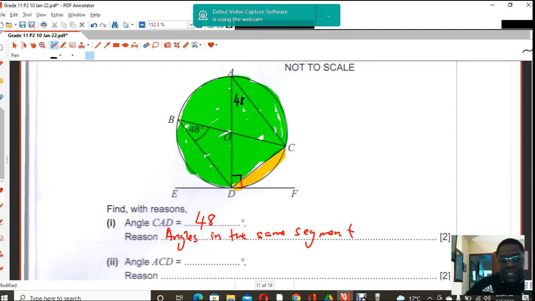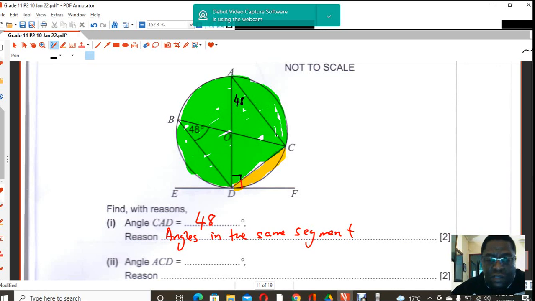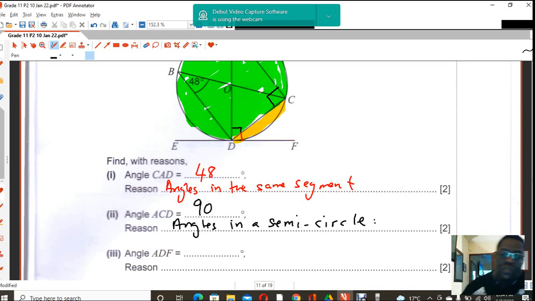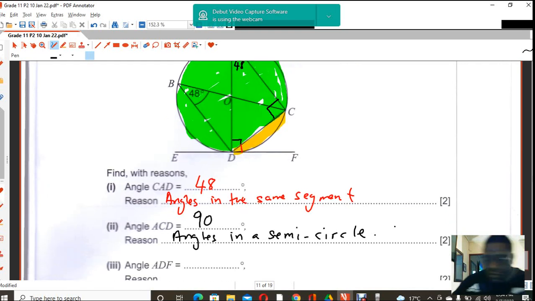Right, then ACD. Now AD is a diameter, so ACD here is going to be 90 degrees, angle in a semicircle. So 90 degrees, angles in a semicircle. Then ADF, well, I already wrote ADF: angle between the tangent and the radius of a circle.